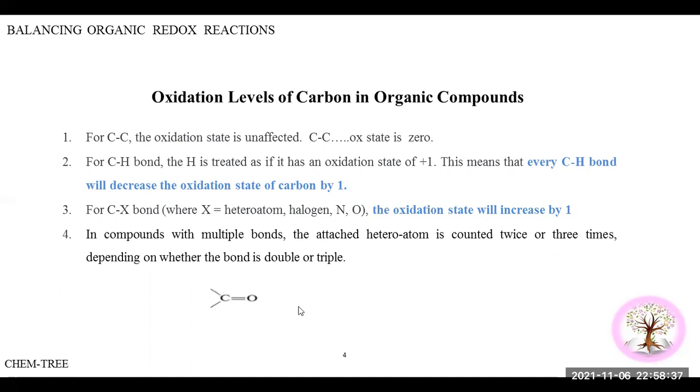For a carbon-oxygen double bond, this is a carbonyl, you count it twice, so carbon has +2. Similarly, carbon is triply bonded to nitrogen in a nitrile, so you count -3 for nitrogen, and carbon has an oxidation state of +3 in nitrile.